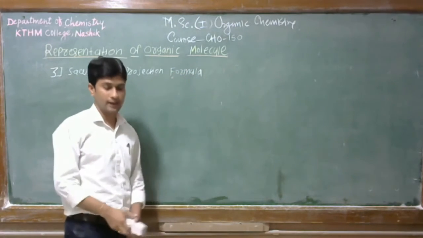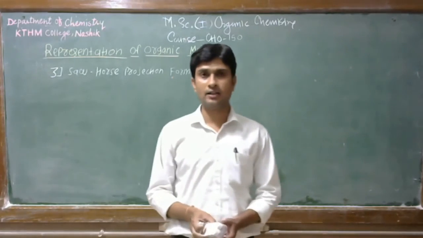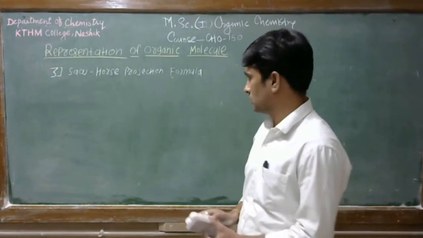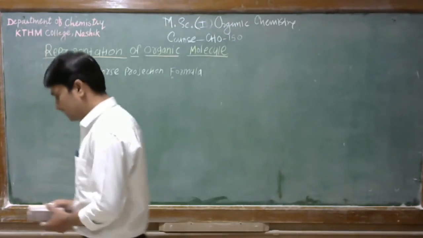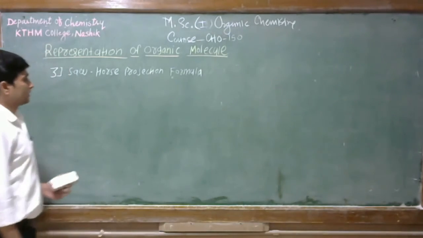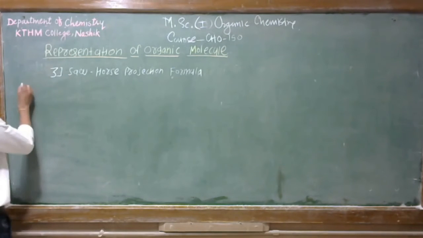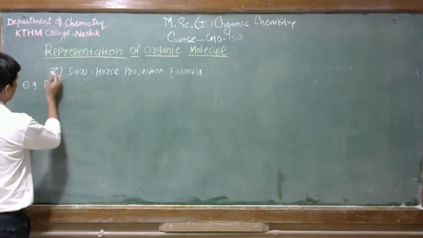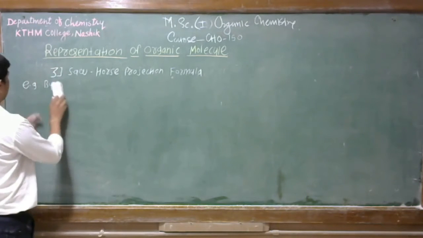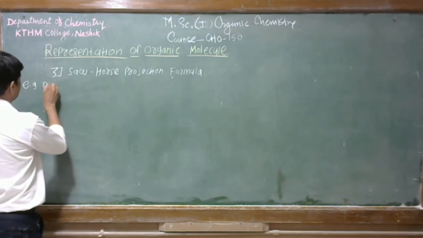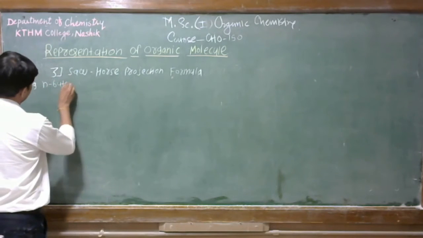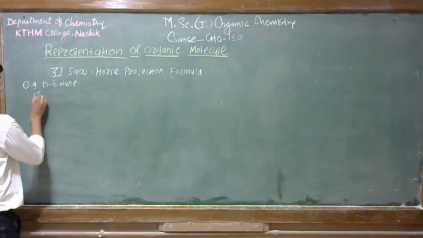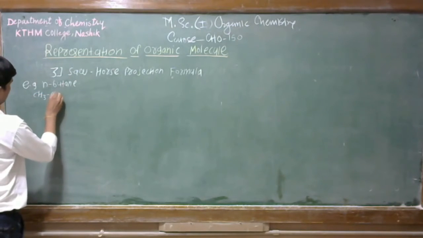The Sawhorse formula also represents the stereochemistry on adjacent carbon atoms. So we can draw here the structure of butane by the Sawhorse formula, the structure of n-butane. See, this is n-butane.